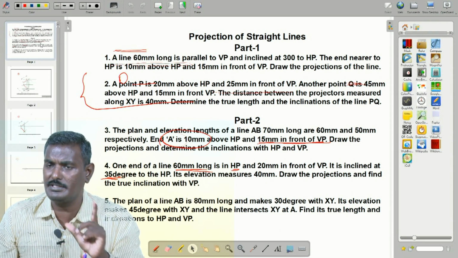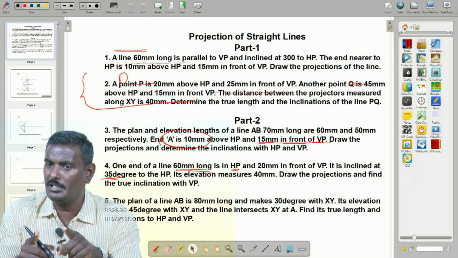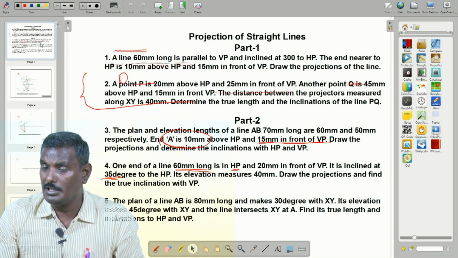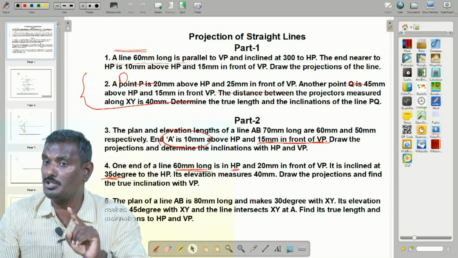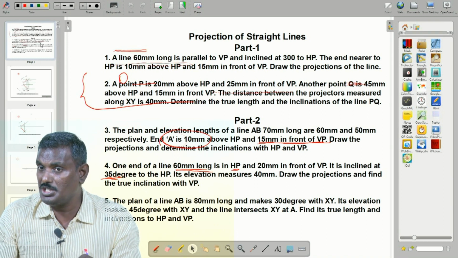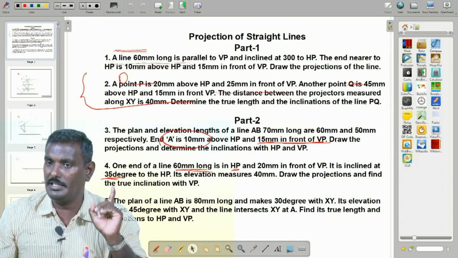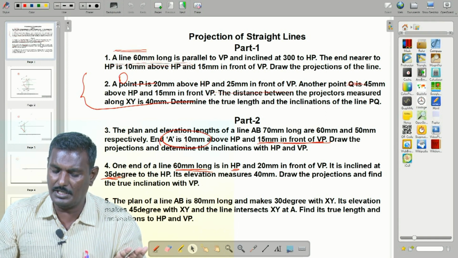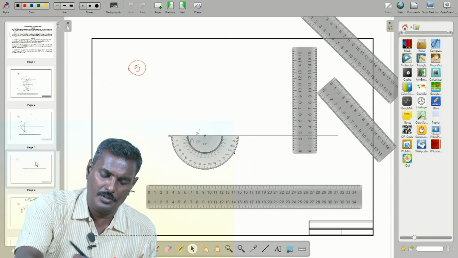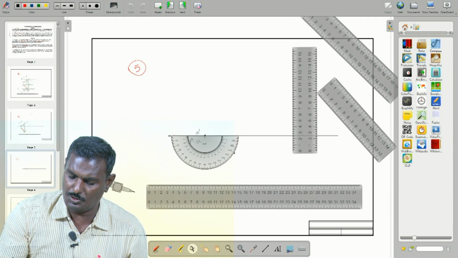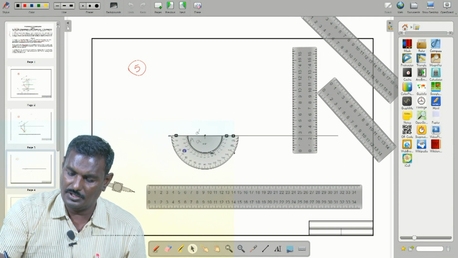Here 80 mm long, is it true length or apparent? The question itself is very clear, it's not true length, because they are asking for the true length. So, 80 mm is not a true length. Okay. So, now 45 degree. Measure 45 degree above XY, because it is HP.